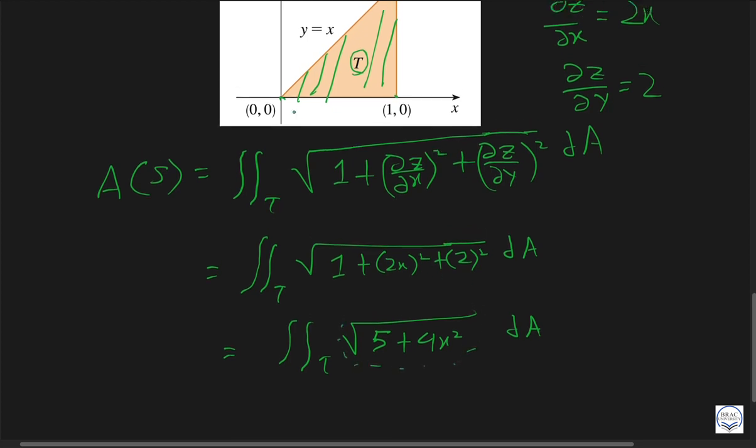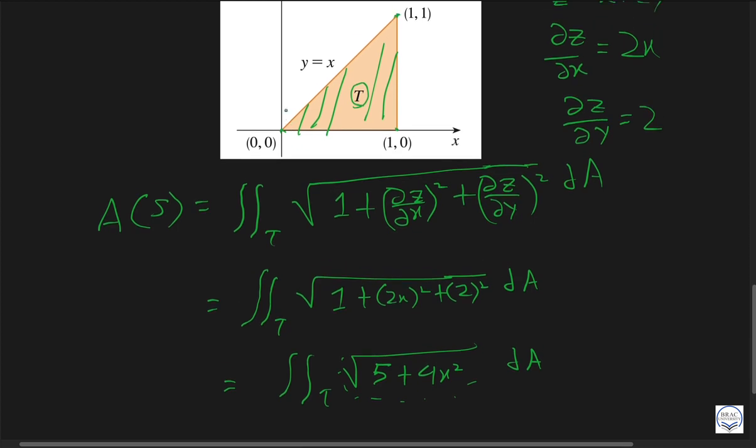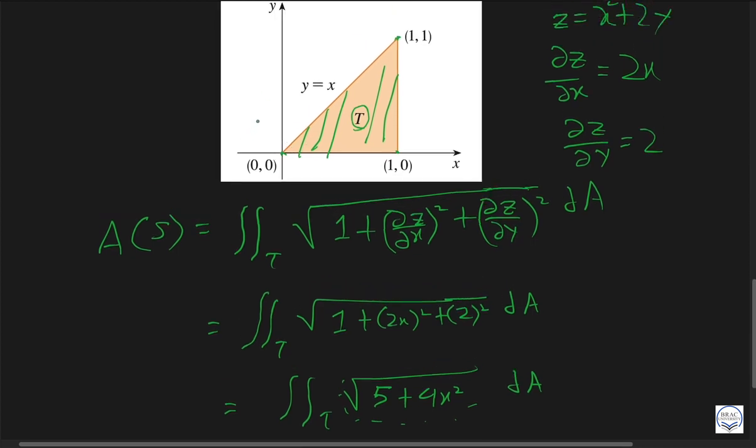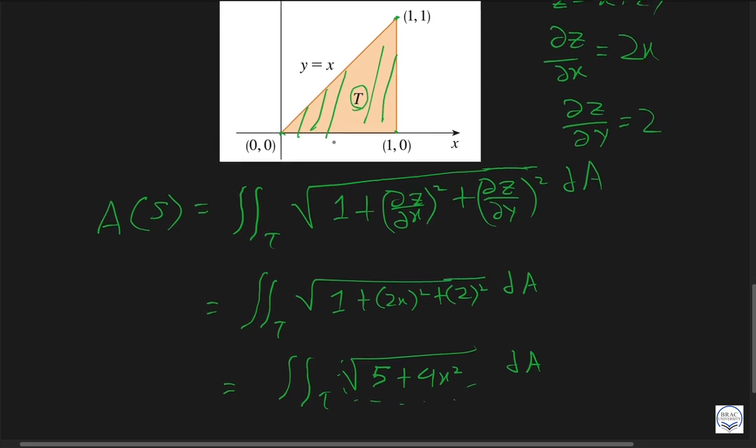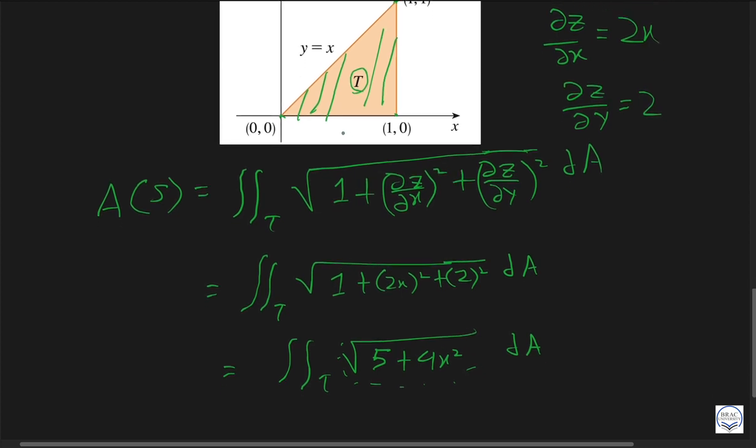So if we want to do it with a y integral, then we're using a type 1 domain, where we first start a small vertical line from the bottom of our graph and move it up, and the first line it hits is my lower limit, which is just y equals 0, because this is the x-axis, the lower line of this triangle.